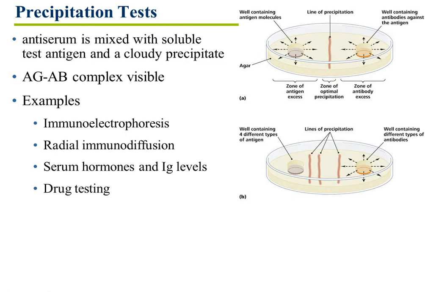It's not used all that commonly anymore because now there are more sophisticated tests, but they've used this a lot in identifying hormones and certain types of drugs that are in the patient's serum. It's a variation of an agglutination test, but not as obvious.